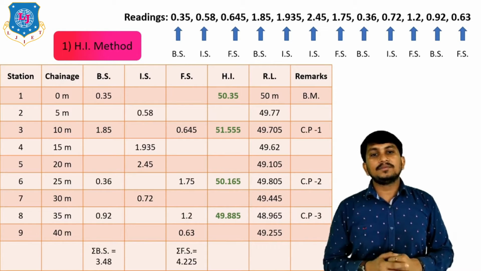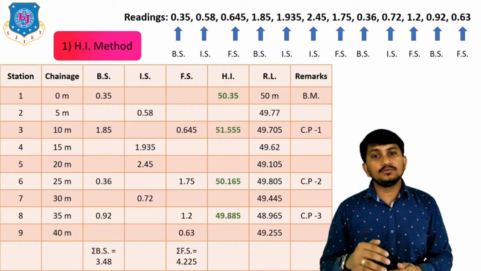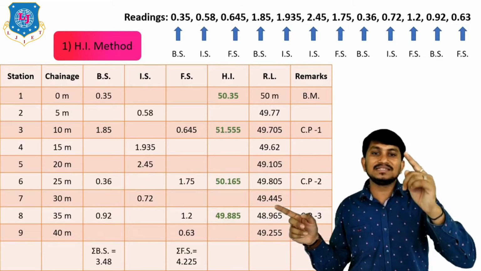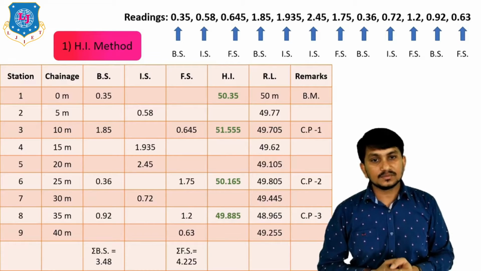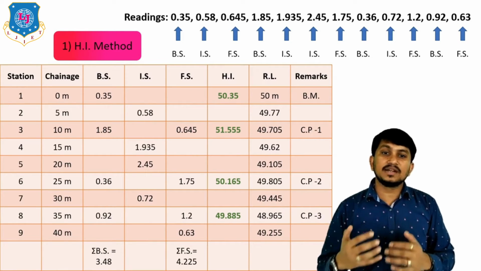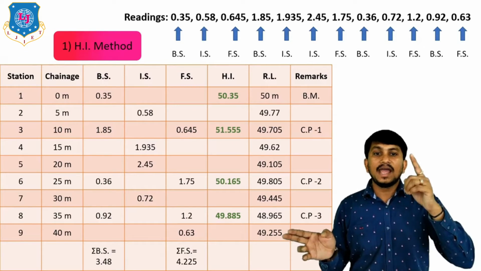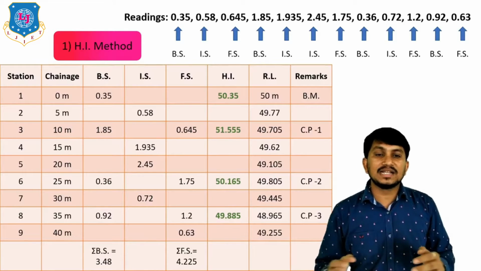After that, to calculate the RL of station number 7, we deduct the reading 0.72 from HI. 50.165 minus 0.72 gives 49.445. To calculate the RL of station number 8, we deduct the reading FS from HI. 50.165 minus 1.2 gives 48.965.